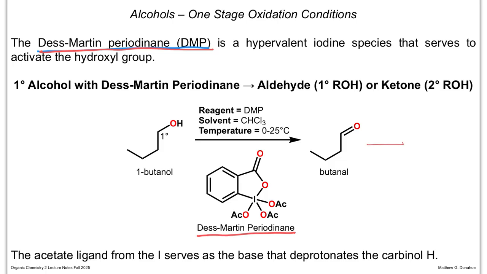So for example, if that was our starting material, and we wanted to take this Grignard reagent, that would add to the carbonyl. Then we could do a workup.